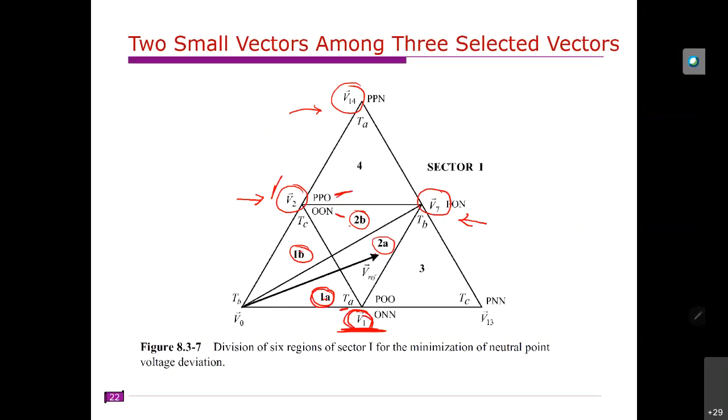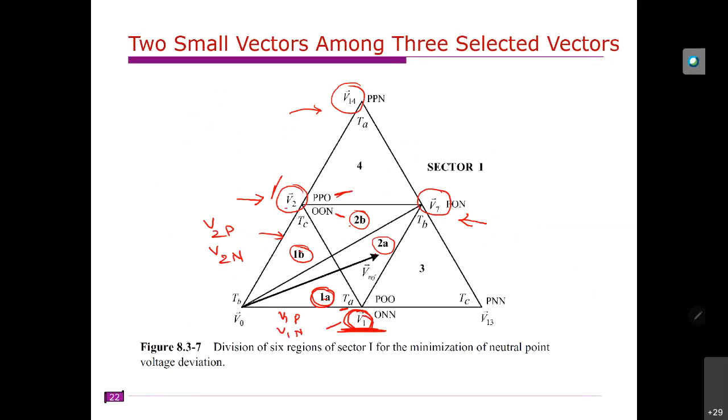That means for V1 we need to implement both P type and N type in 1A. If it is 1B, we need to implement V2P and V2N here.